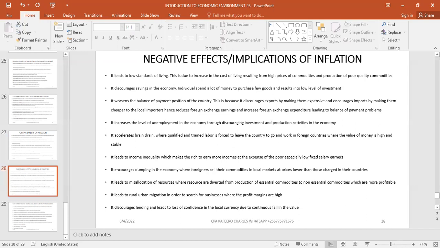It encourages dumping. Dumping is a situation whereby someone has a higher price, and you may find that people may bring in goods and sell the same goods at a lower price than what you are selling in your country. Because if there is inflation, we expect that the prices are going to be high.